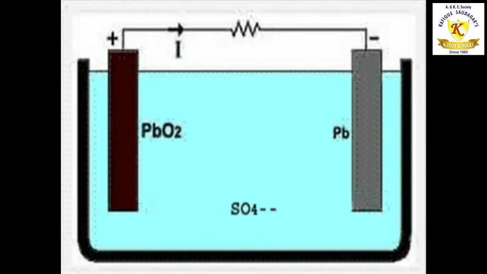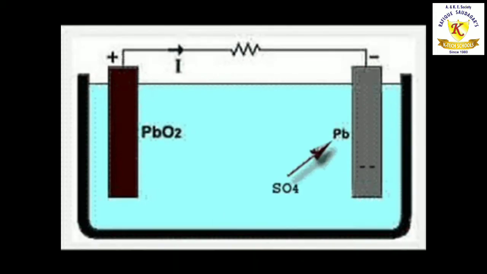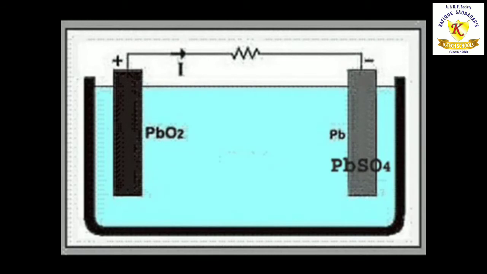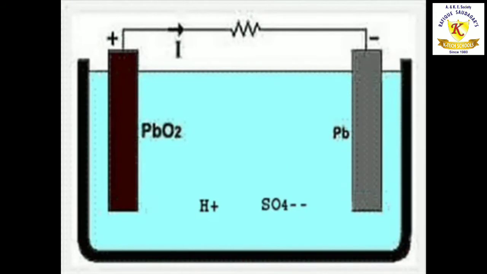Now, negative sulfate ions are moving freely in the solution. Some of them will reach the pure lead plate, where they give their extra electrons and become radical sulfate. As the radical sulfate cannot exist alone, it will attack pure lead and form lead sulfate.